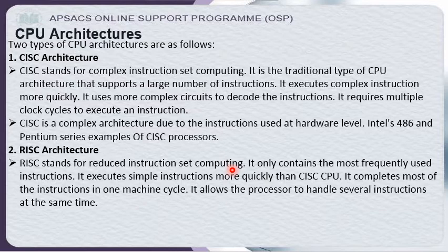So inside it, the most frequently used instructions will be there. It executes simple instructions more quickly than a CISC CPU. So we get to know that the instructions will be executed more quickly as compared to CISC.